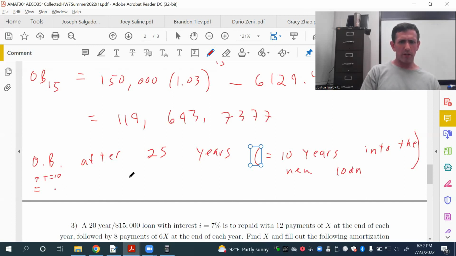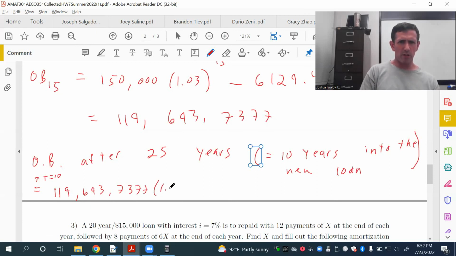So the new loan amount, this new outstanding balance, is going to be 119,693.7377. So plug in 10.